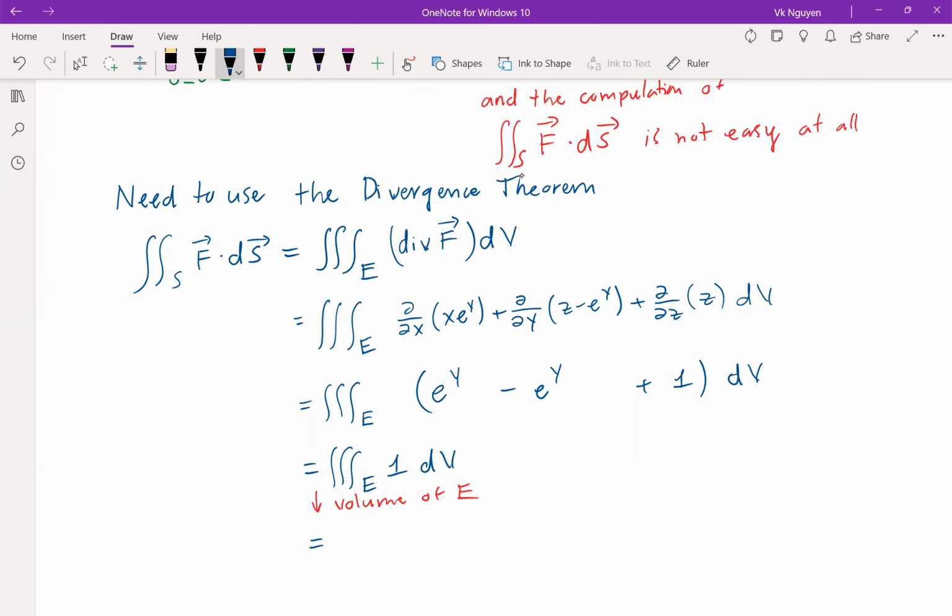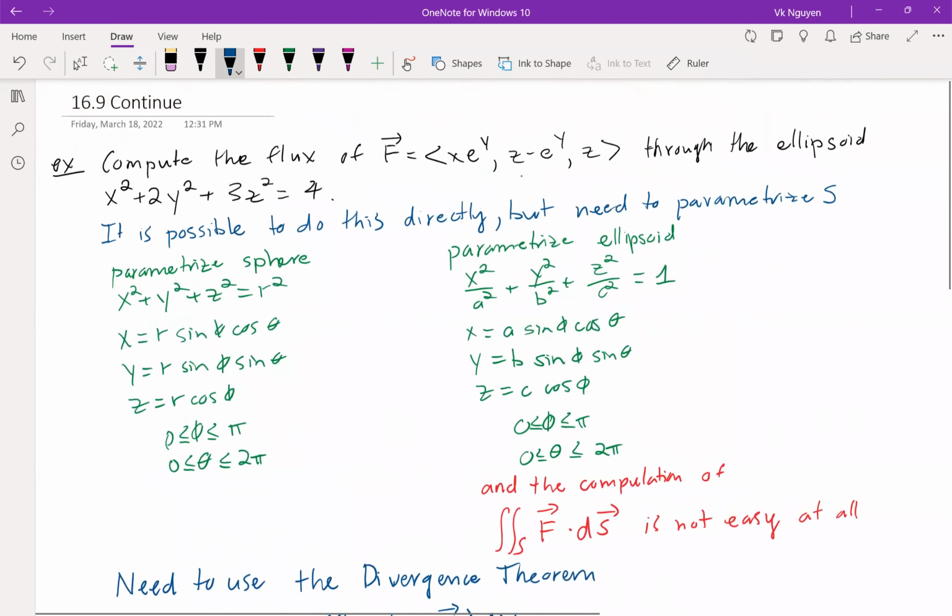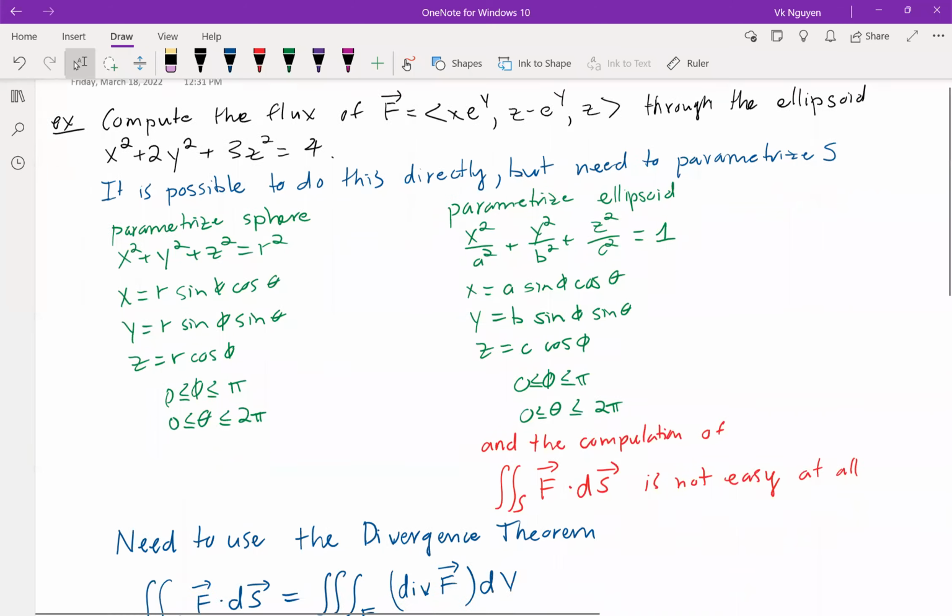The volume of the ellipsoid is 4/3 pi, instead of r cubed, you have abc. Then we just have to figure out the a, b, c here. Look at the ellipsoid: x squared plus 2y squared plus 3z squared equals 4.